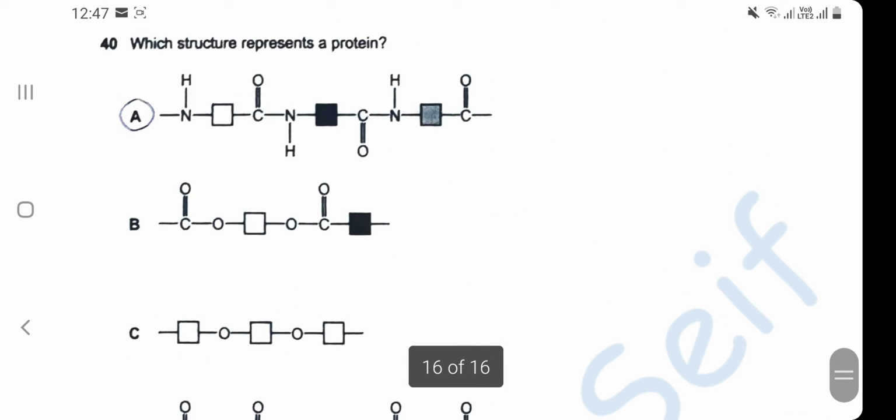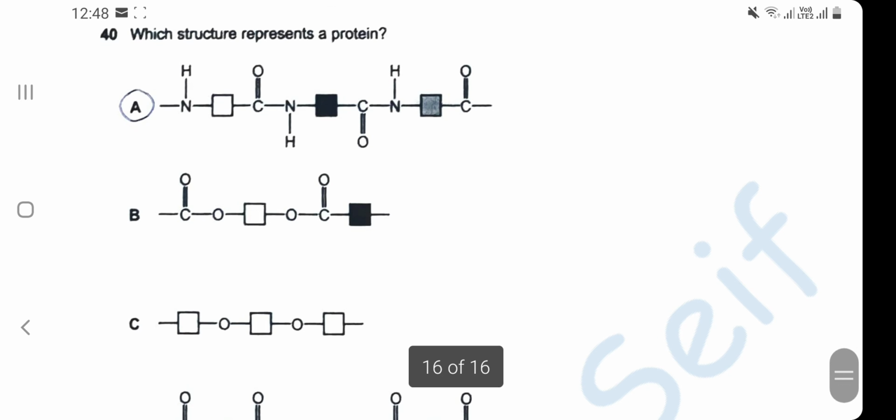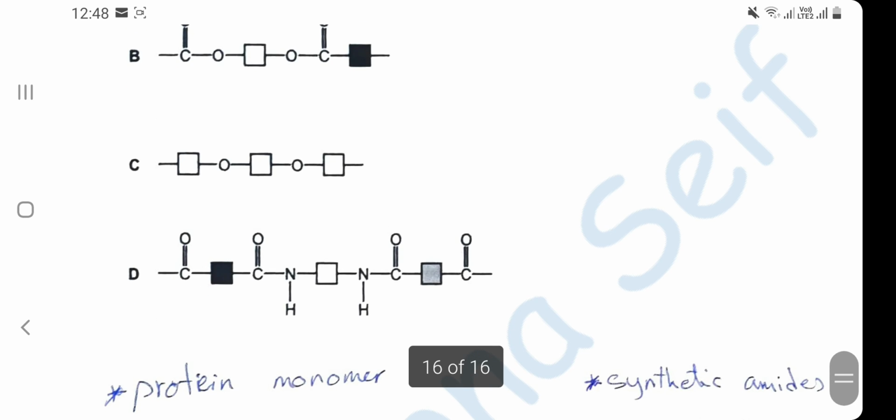So in the protein polymer, each monomer should have two different endings, an amino group from the first side and a carboxyl group from the other side. This can be shown here in polymer A, but if you see in D, each monomer has a similar group on each side.